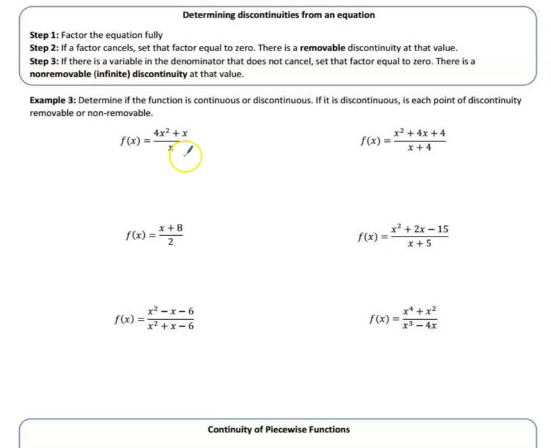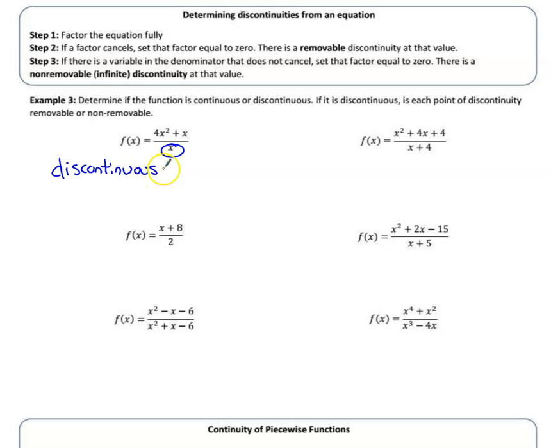So, I look at this first one. The way we solve it, we're going to factor it in a second, and then if anything cancels, we have a removable discontinuity. If it doesn't cancel and the denominator is 0, there's an infinite non-removable discontinuity there. So looking at this first one, I notice if I let x be 0, I have a denominator of 0, so it is discontinuous.